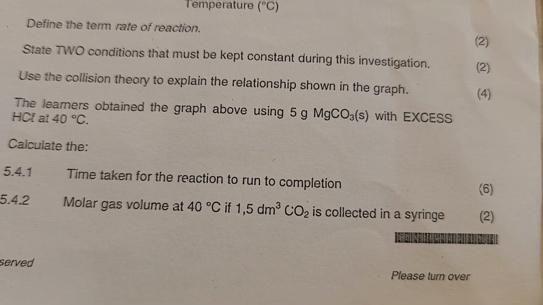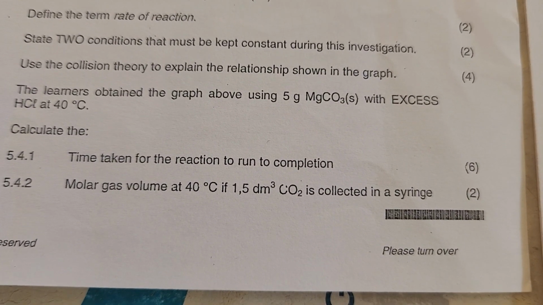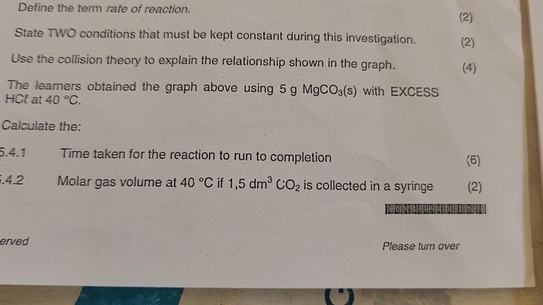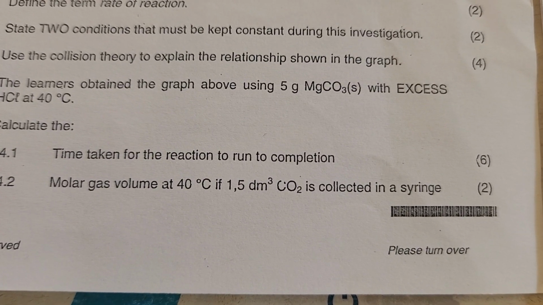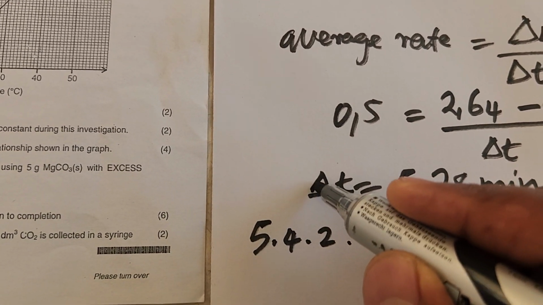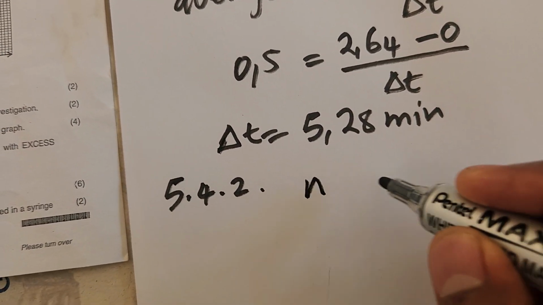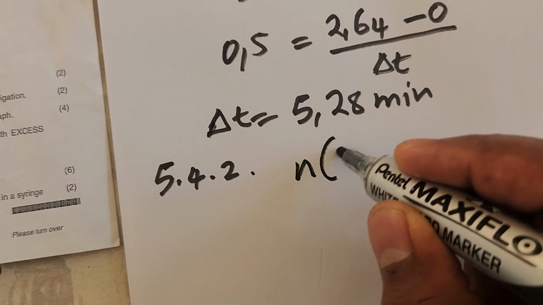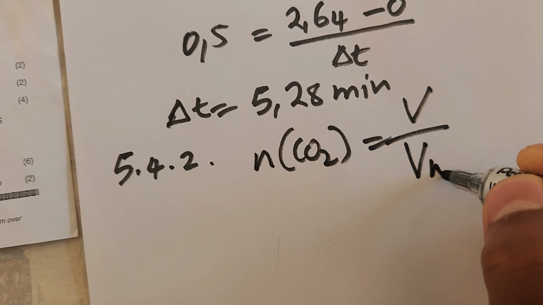5.4.2, which is the last one, they say to us, calculate the molar gas volume at 40 degrees if only 1.5 dm cube of carbon dioxide is collected. We know the formula where the number of moles of carbon dioxide is the same as V over Vm.